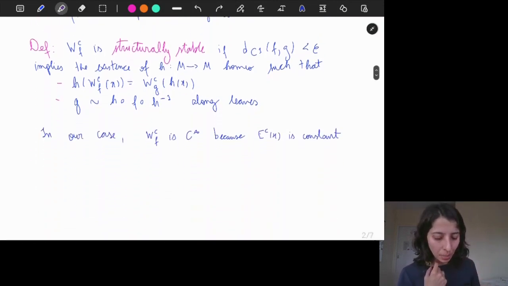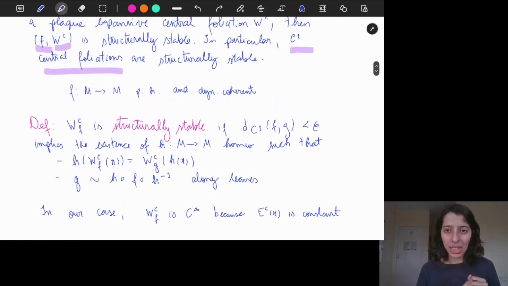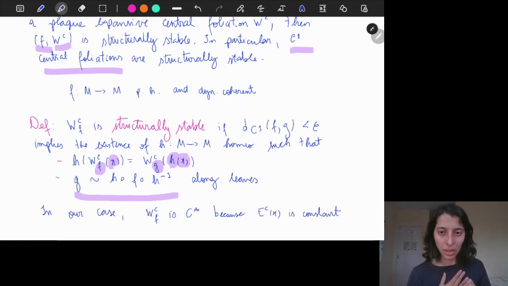The precise meaning is the following, this definition here. W^c, the center foliation, is structurally stable if, for a nearby map G, there is a homeomorphism H that conjugates the leaves. So it takes the leaves of F to the leaves of G of corresponding points, and it's isotopic to the identity.